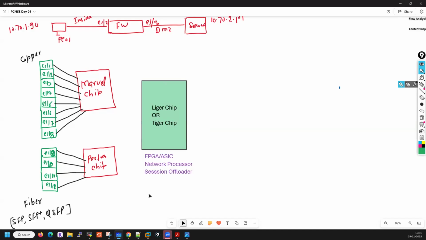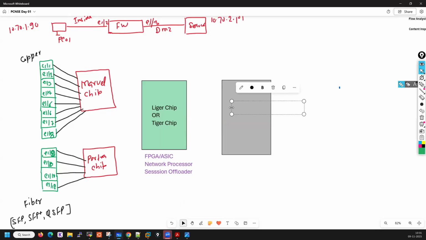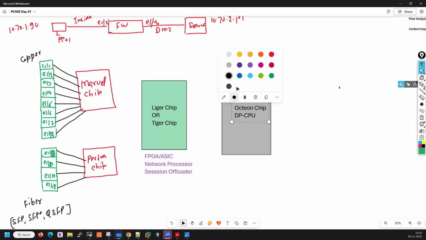After this chip, we have one more chip, known as the Octeon chip. This is the data plane CPU. This chip does all the data processing.